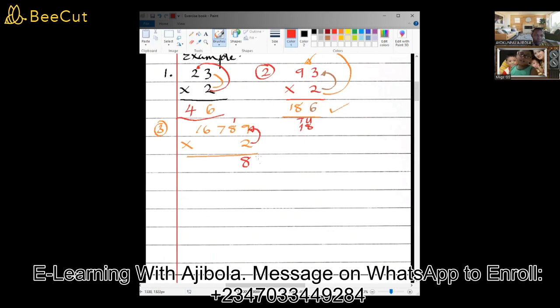Now, what is 2 times 8? That is 16. Then plus 1, that is 17. So I write 7, I keep 1. Then 2 again, multiplied by 7. 2 times 7 is 14. Plus 1 gives me 15. Then I write 5 and keep 1. And next, 2 times 6 is 12.